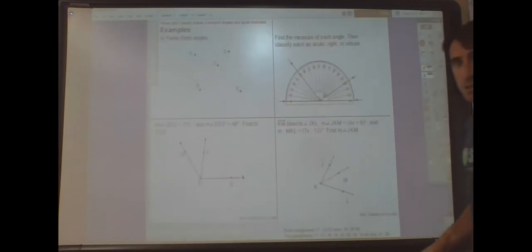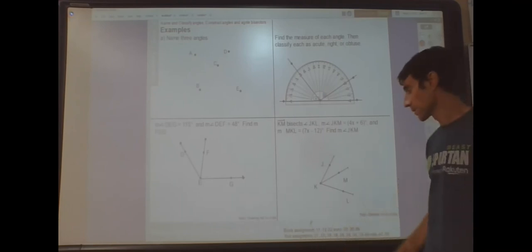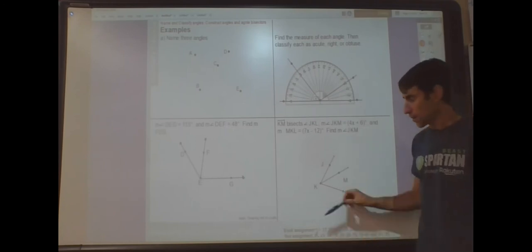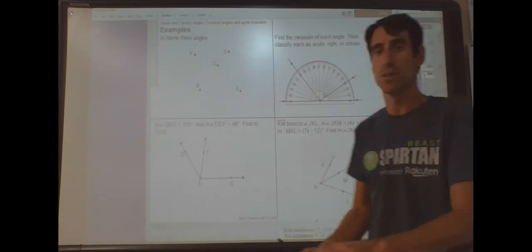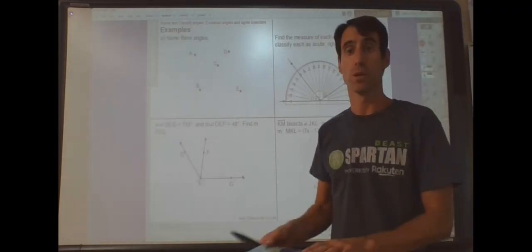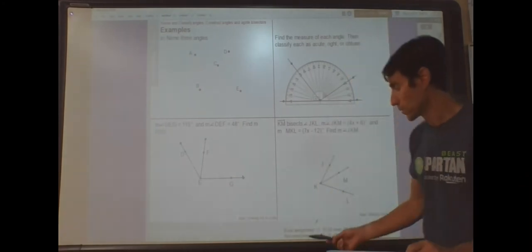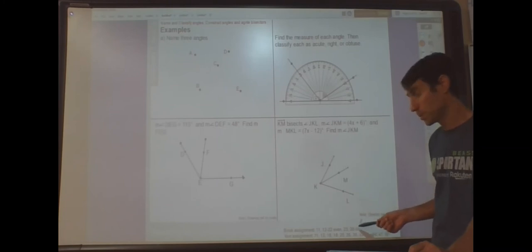Now, when it comes to homework, your homework is going to be listed down on the bottom of this grade page here. Now, I have a book assignment and your assignment. Now, the book assignment I've listed so that you know what the makers of this curriculum think you should be doing for homework. You will notice that your assignment is significantly shorter than the book assignment.